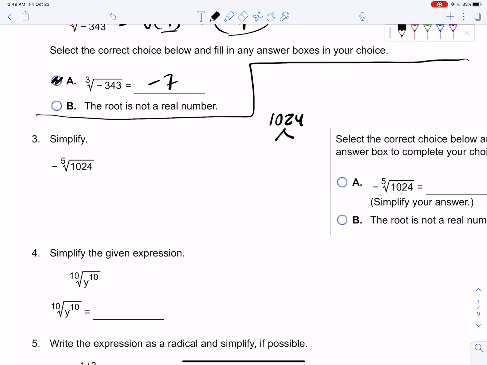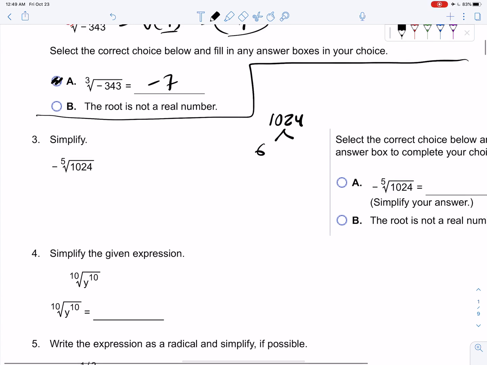So this factors down to 16 times 64, or 64 times 16. And 16 factors down to 4 times 4. 64 is 4 times 16, or 16 times 4. And 16 is 2 times 2.